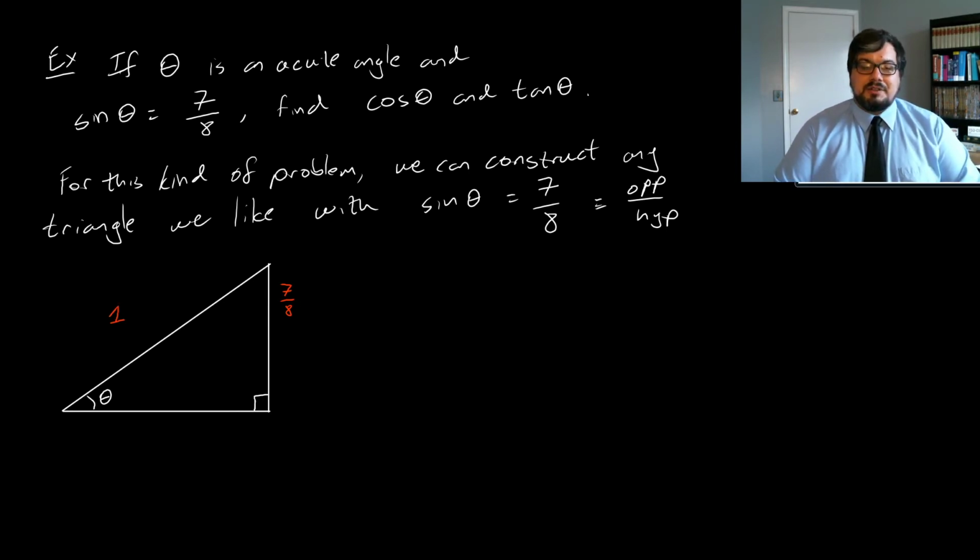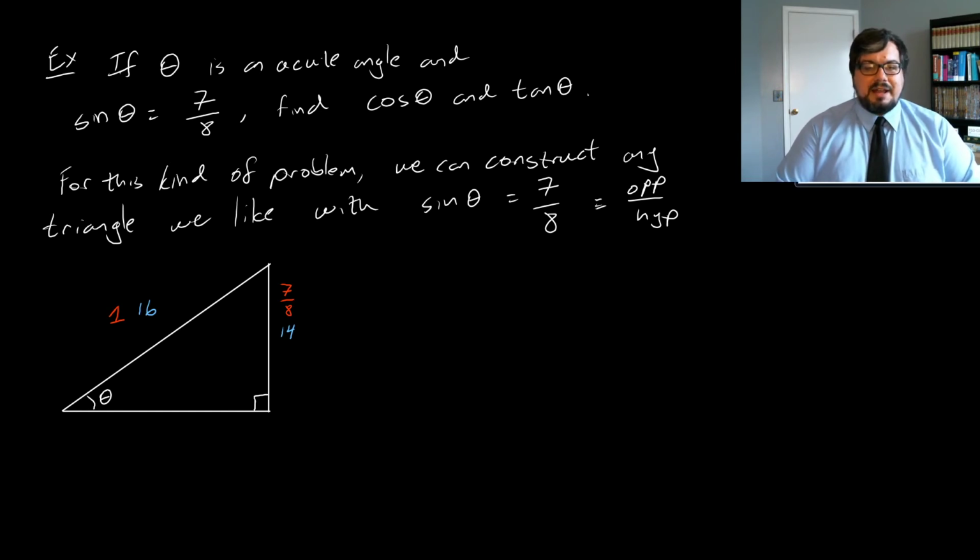This triangle that we've written down, where we haven't worked out what the adjacent side is yet, has a sine value of 7/8, or sine of this angle theta has a value of 7/8, because sine of theta in this case would be 7/8 divided by 1, which we know is 7/8. On the other hand, we could do something like 14 and 16.